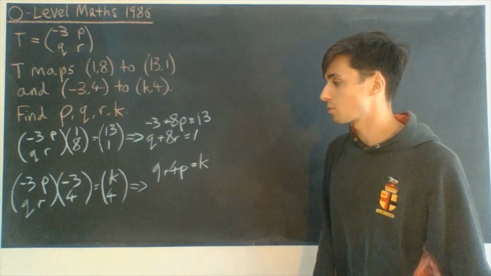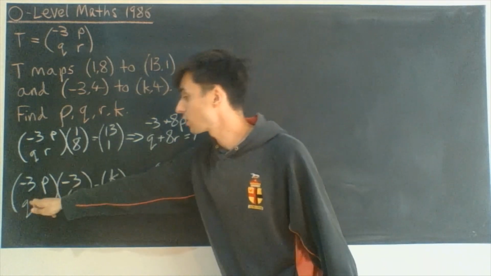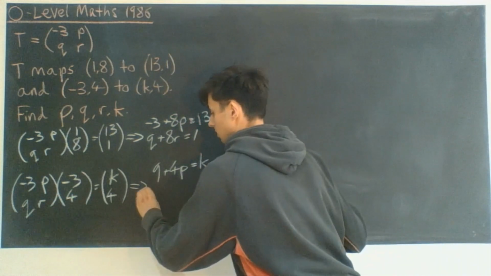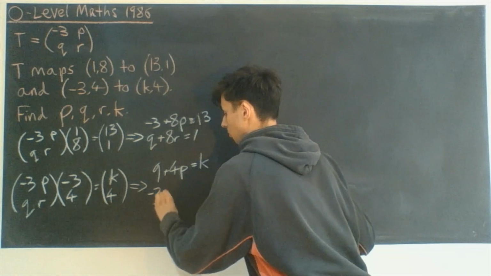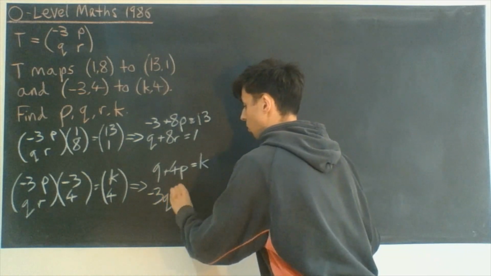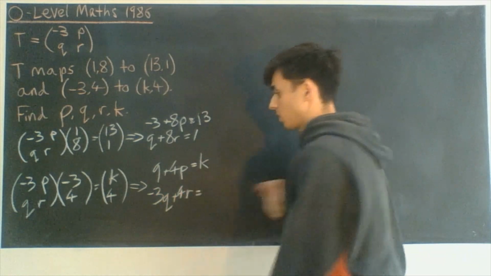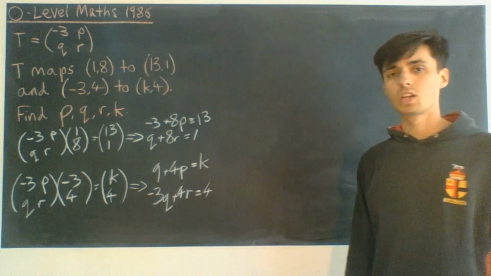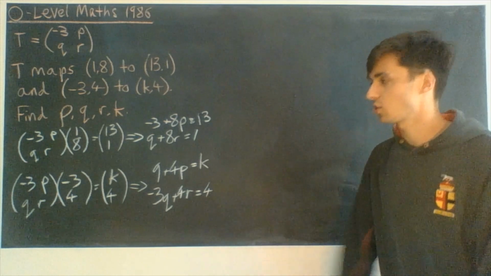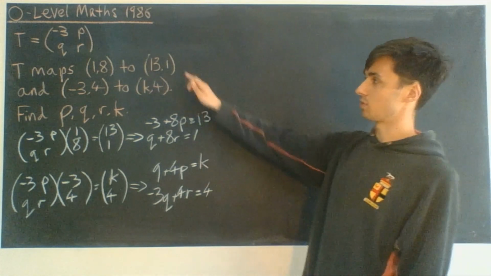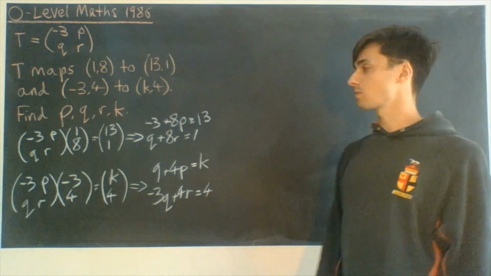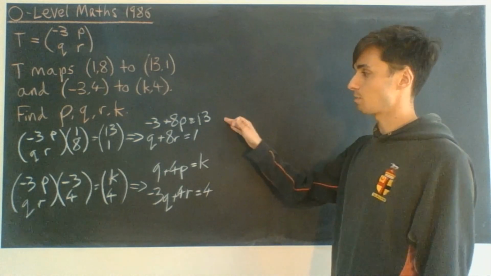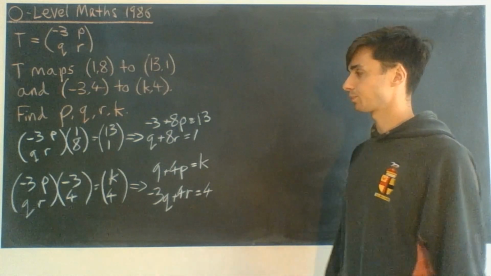And the same thing with the bottom row, we're going to have minus 3 times Q plus 4 times R. So minus 3Q plus 4R, and that will equal 4. This is all the information that we could glean out of the question then. Now we have to use some clever equation-solving techniques to find P, Q, R and K.